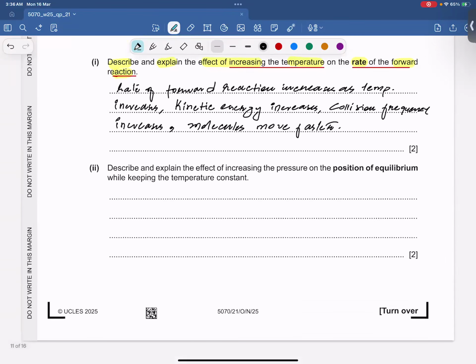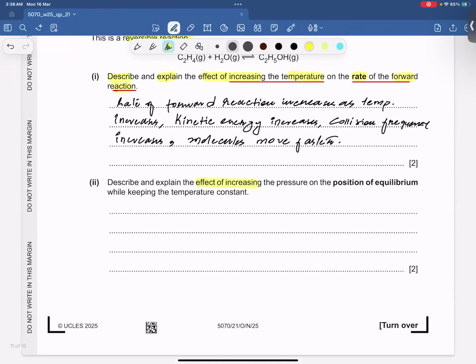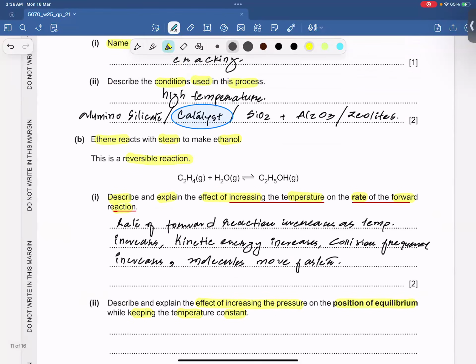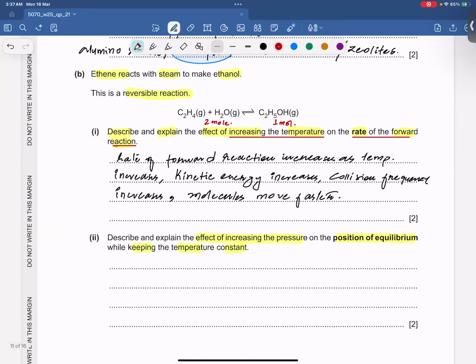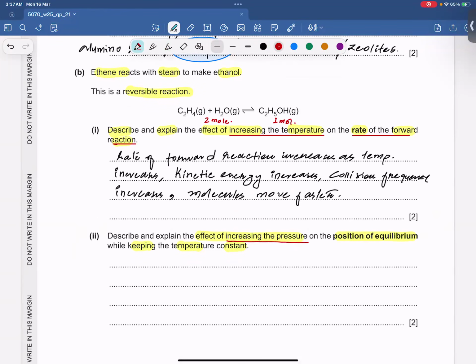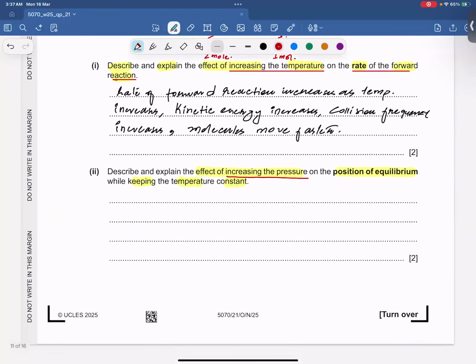Describe and explain the effect of increasing the pressure on the position of equilibrium while keeping the temperature constant. First of all, take out the total moles on the reactant side. It is going to be 2. And the total moles on the product side is going to be 1. So according to the concept, when we increase the pressure, equilibrium favors the right hand side because of the lesser number of moles, or lesser volume.